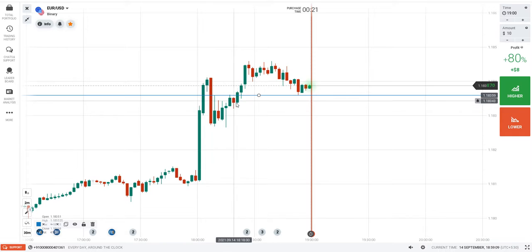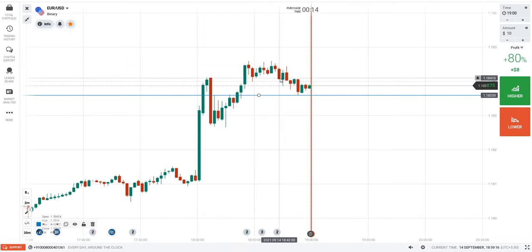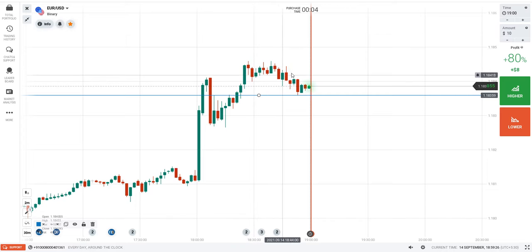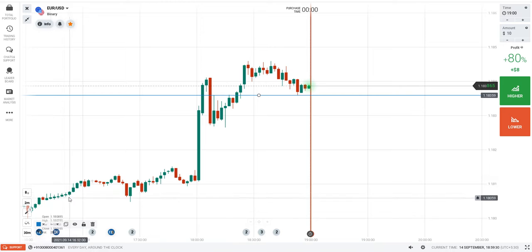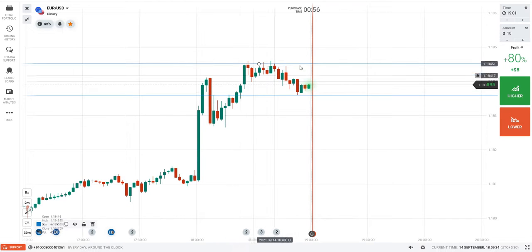So previously the market broke this area, and now it's forming a higher low to a higher low. Until here market completed its uptrend until this area.